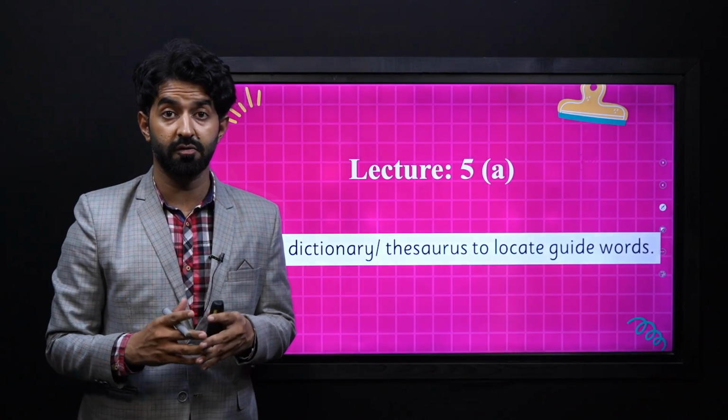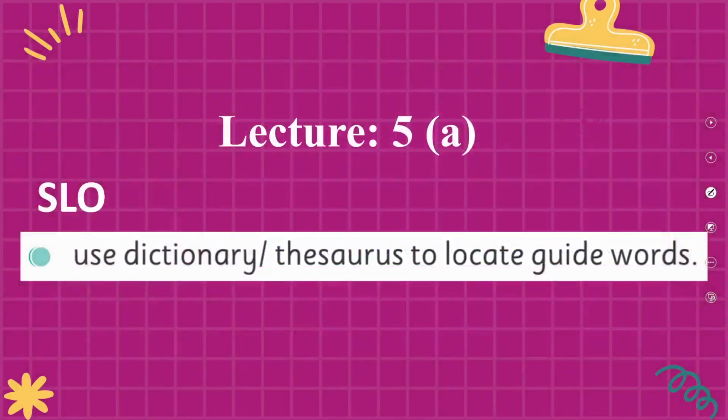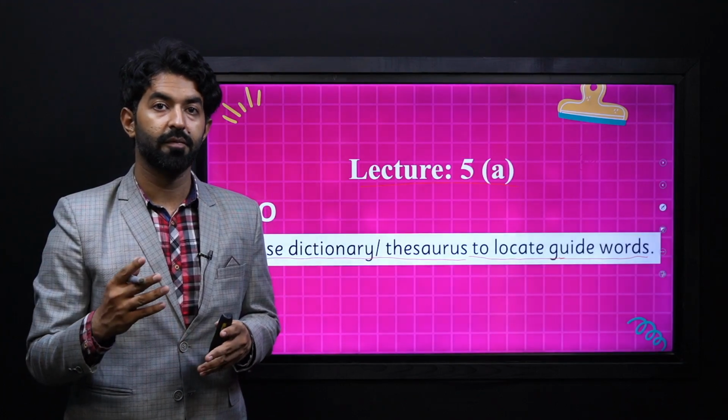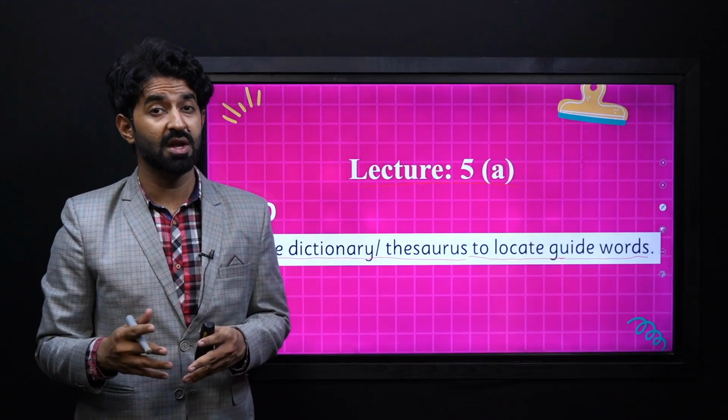And with our lecture number 5, which is also divided in different parts, we have the competency of vocabulary, and the student's learning outcome that we will explore in this one is to use dictionary or thesaurus to locate guide words. Now, we are familiar with reference materials like dictionary and thesaurus.